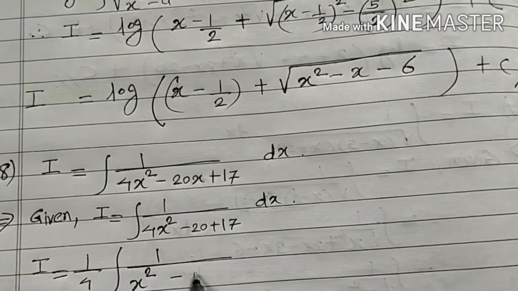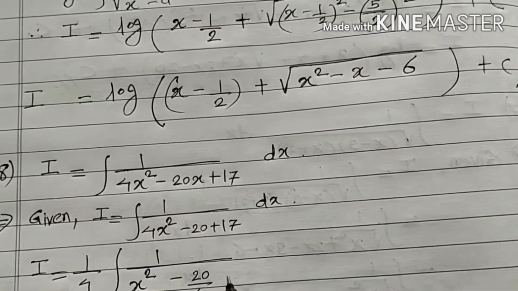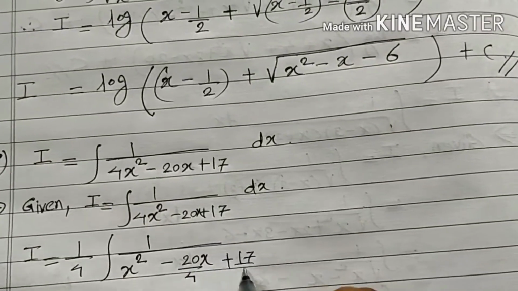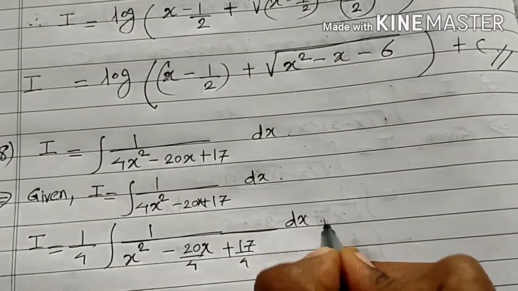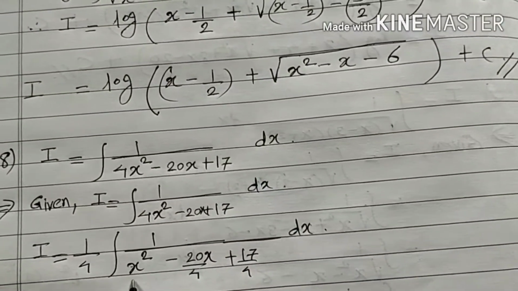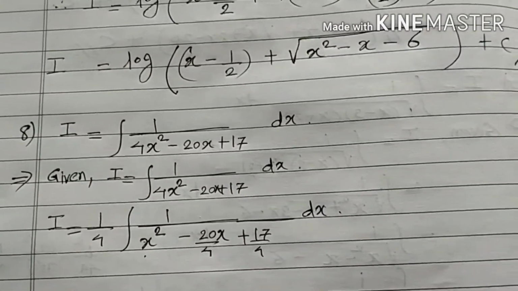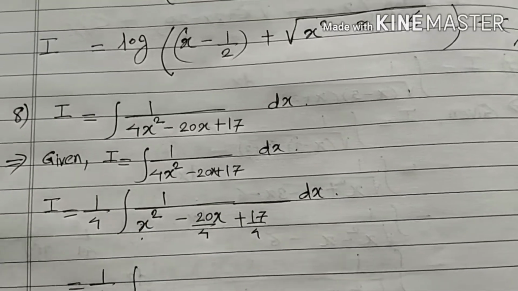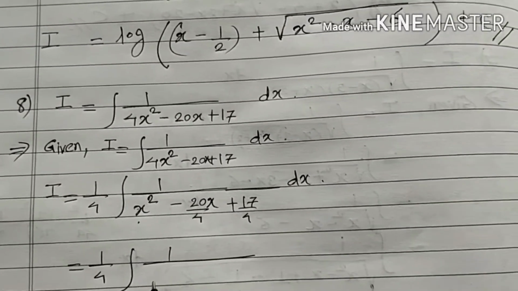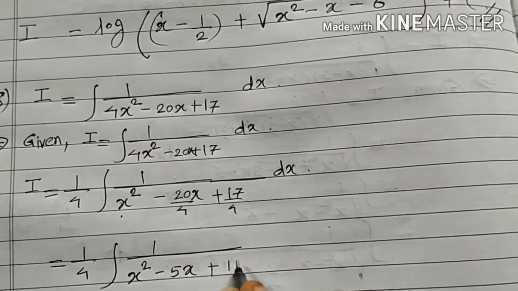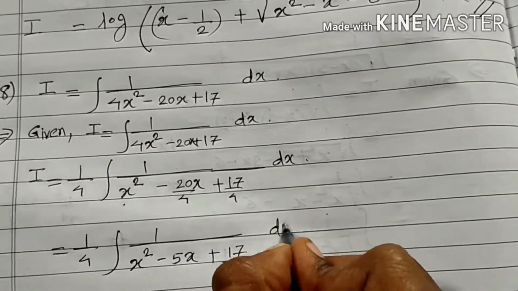So it will become 20 upon 4 x, here is x, plus 17 upon 4 dx. Here is also 4, then here divide by 4, the 4 gets cancelled, so only x remains. Next step, 1 by 4 integration of x square minus 5x plus 17 by 4 dx.